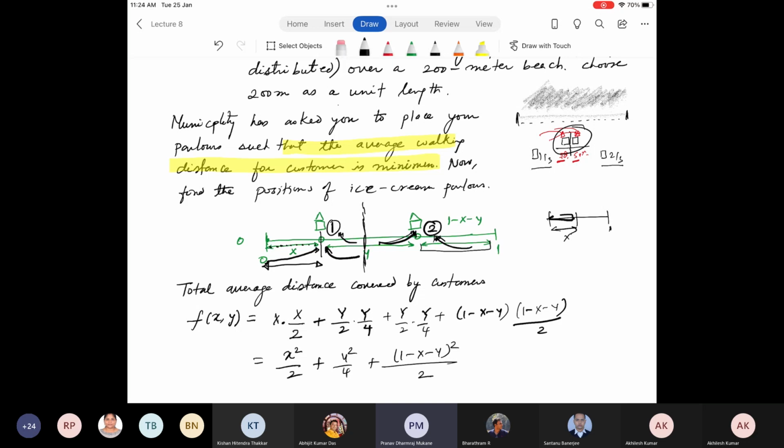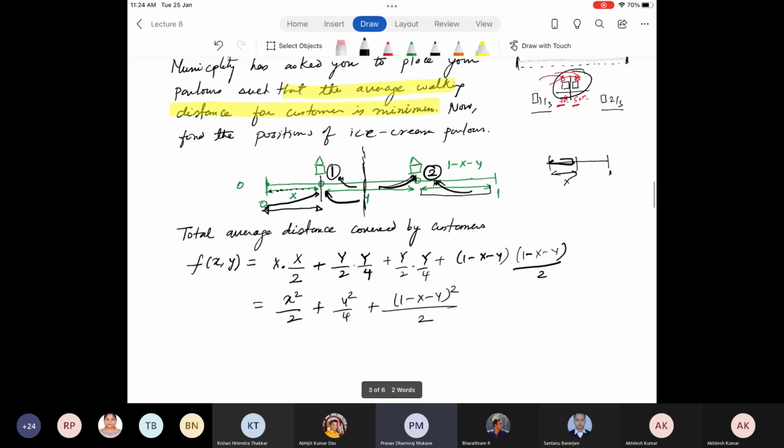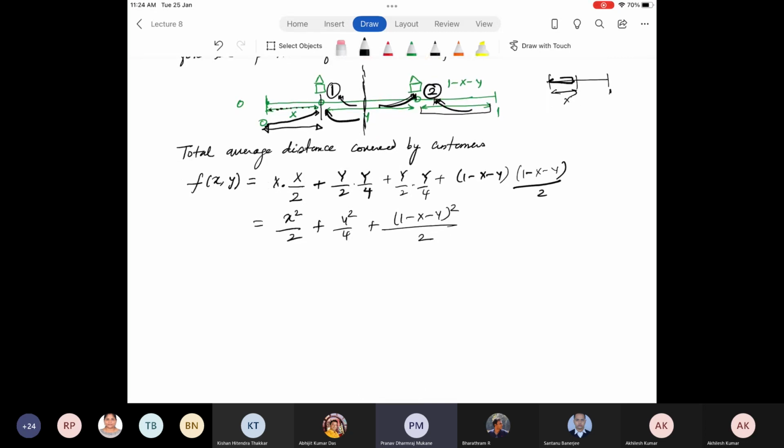Okay, how many of you is it clear that the average distance walked by each person is x by 2? Yes, sir, clear. All of you? Okay, I assume that it is clear. Now, how do you find the optimal values of x and y? del f by del x equals 0 and del f by del y equals 0.